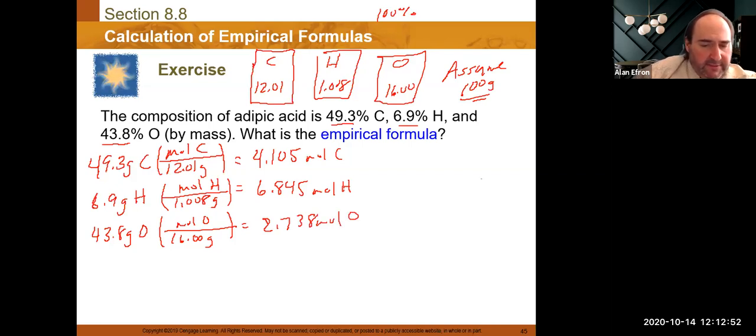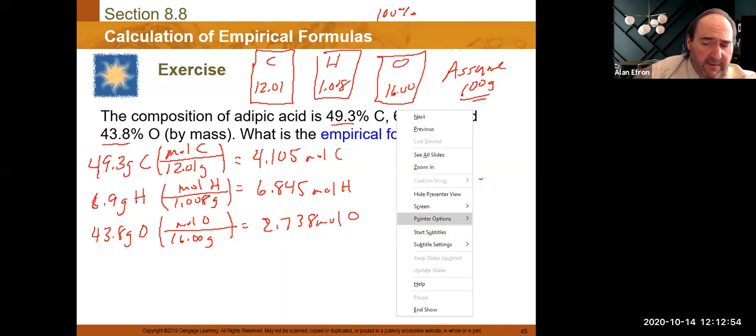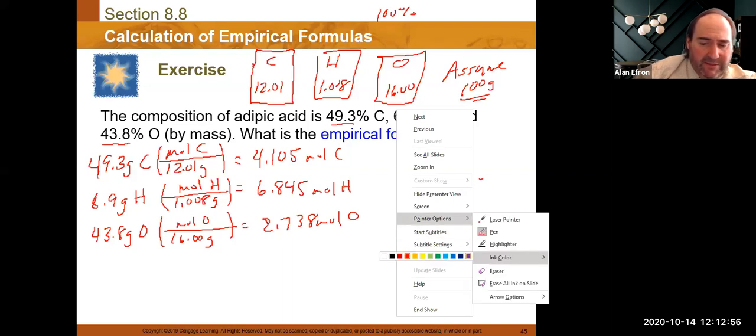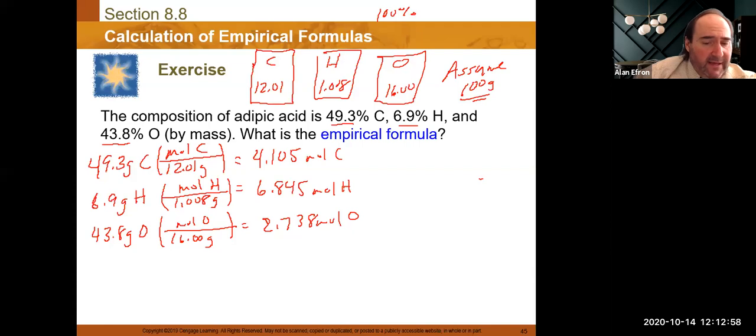All we're doing there is converting from grams to moles. We do that so that now we can divide everybody by the smallest number of moles. In this case, the smallest number of moles does look like oxygen, so we're going to divide everybody by oxygen's number.